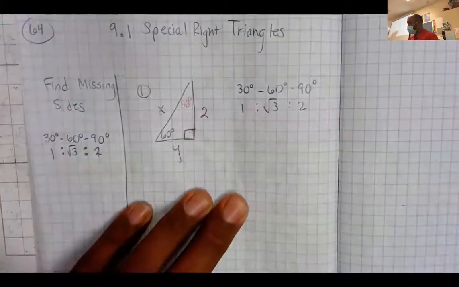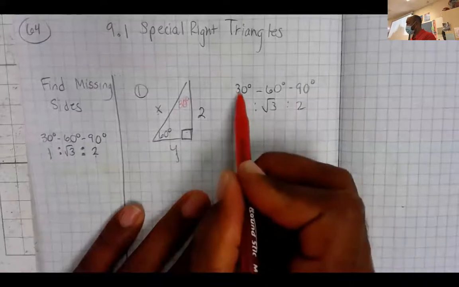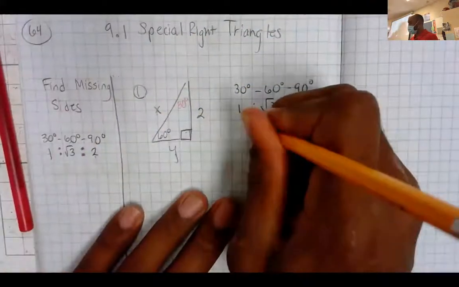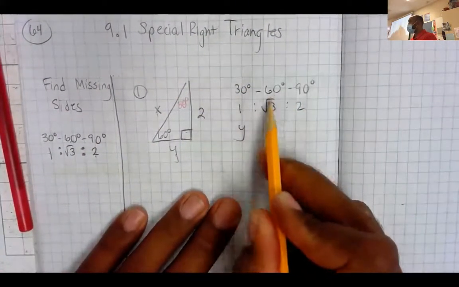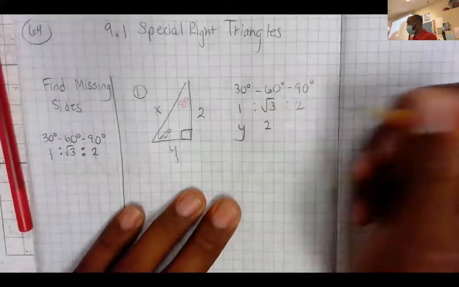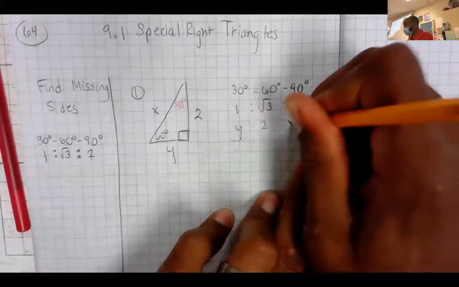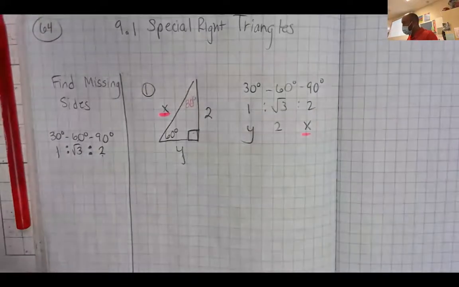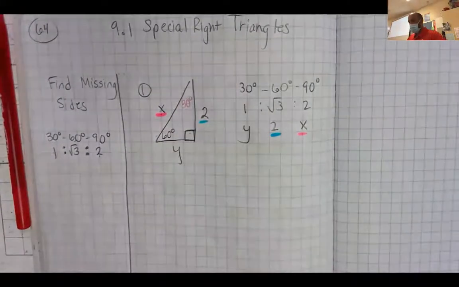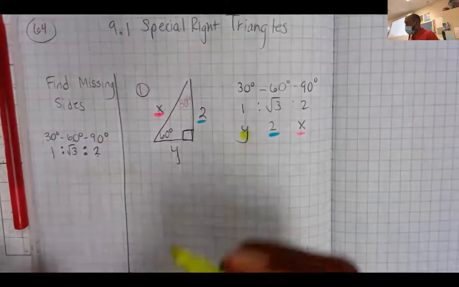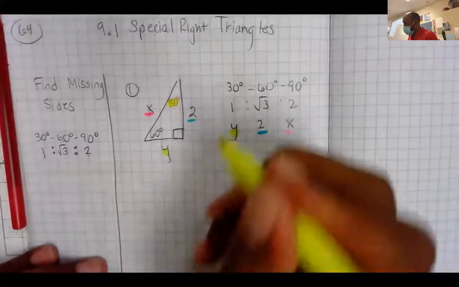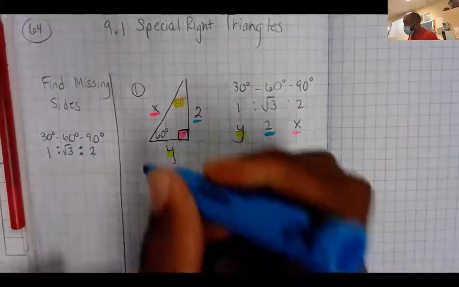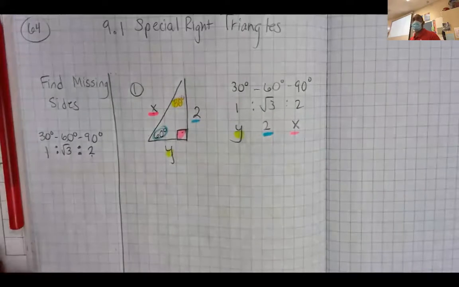And then what I want to do is write the side that's across from 30, which in this case is Y. Then the side across from 60, which is the rad 3 side, and then across from 90 is X. I'm going to just highlight those, just to kind of show how these all relate.